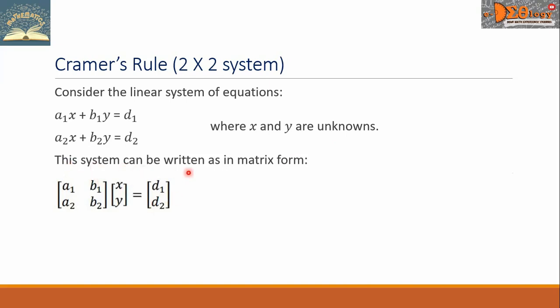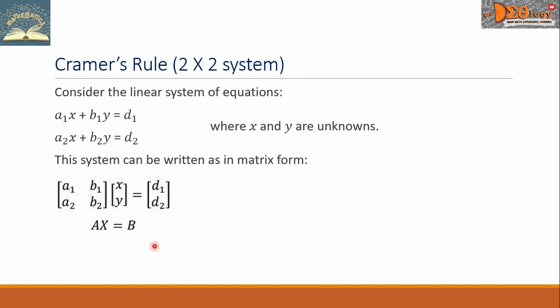This system can be written in matrix form. We have the matrix of coefficients a sub 1, b sub 1, a sub 2, b sub 2. Then we have the matrix for the variables, the column matrix x y, equals the matrix for the constants. This is the column matrix d sub 1, d sub 2.